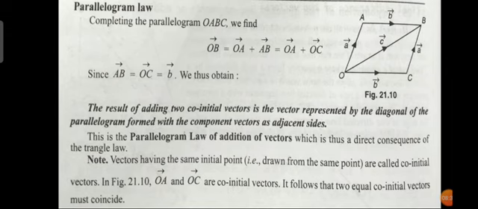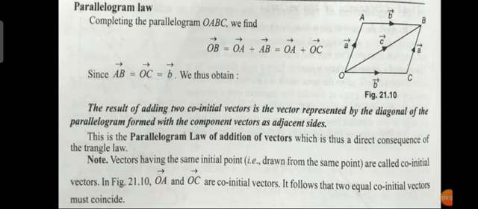So vector OB is vector OA plus vector AB, and also vector OB is vector OC plus vector BC. That is the construction. We took the first triangle, extended B to C and O to C, and just joined them. That's it.